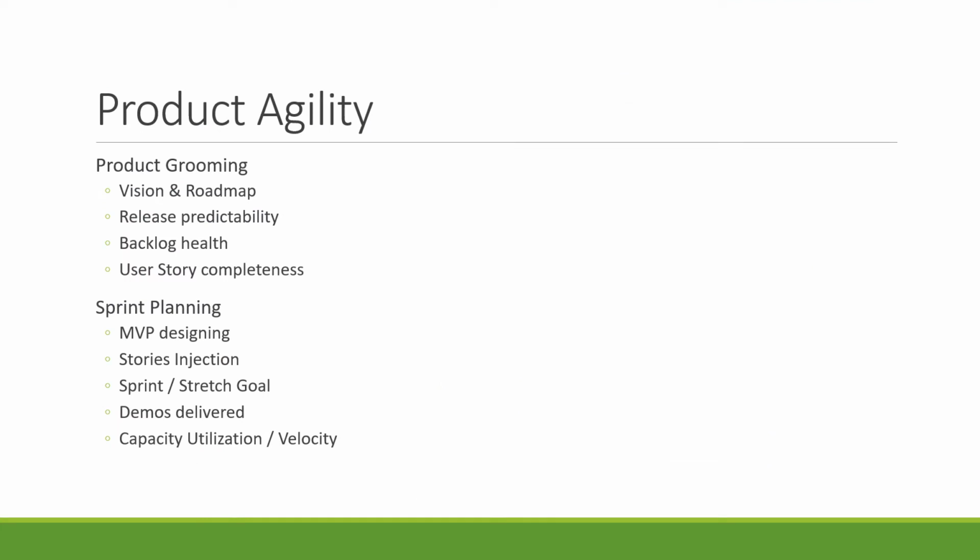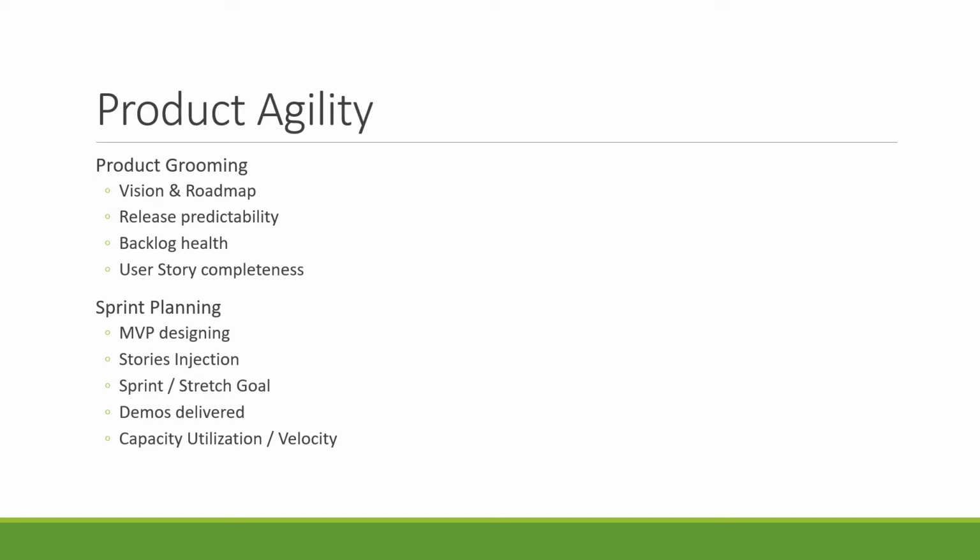Right. So in this particular video series I'm talking about product agility, right? Predominantly, the role of product owners can be categorized into two visible areas. One is product grooming, the other is the sprint planning meeting.